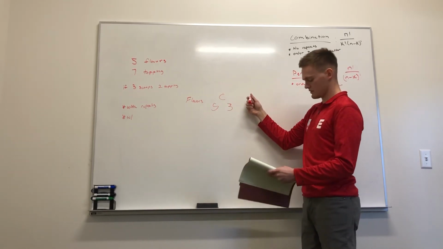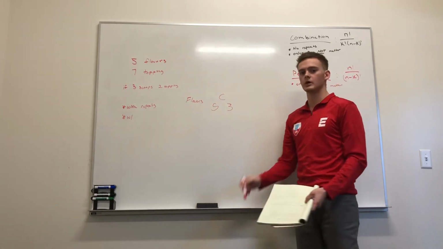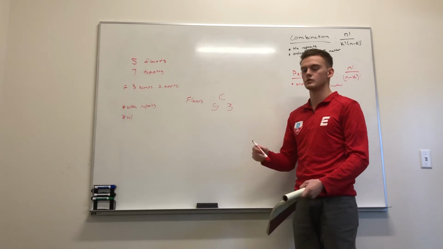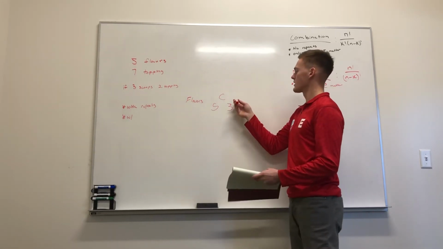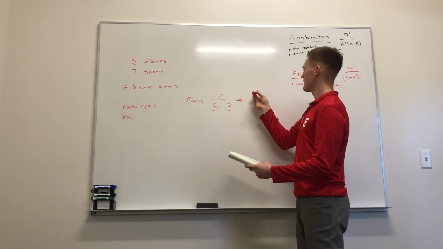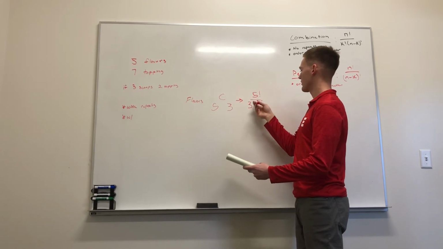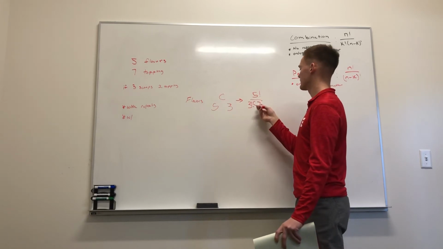If you'd like to take this time and try to solve it yourself, do so now. So I'm going to continue solving this problem. This is going to come out to 5 factorial over 3 factorial, and then the difference between 5 and 3, 2 factorial.